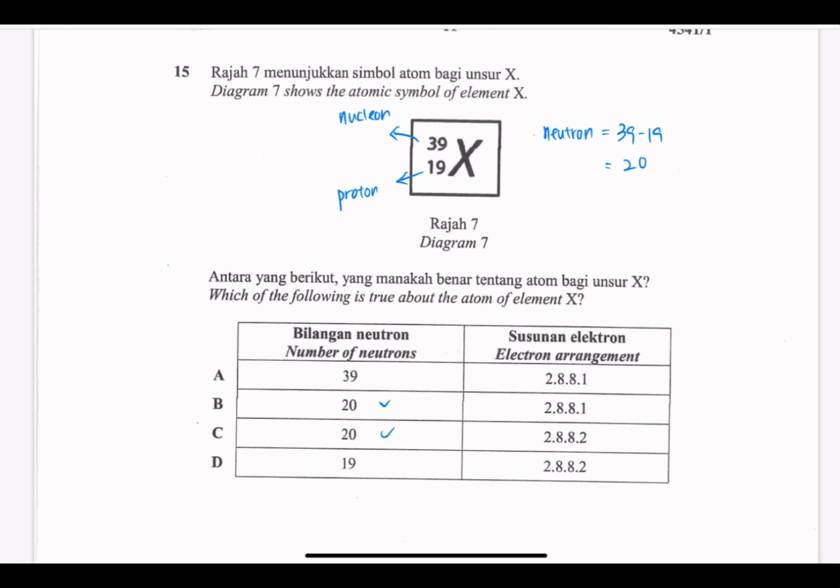Electron arrangement. Okay, we have 19 protons, so definitely we will have 19 electrons. The electron arrangement is 2.8.8.1. So the answer is B.